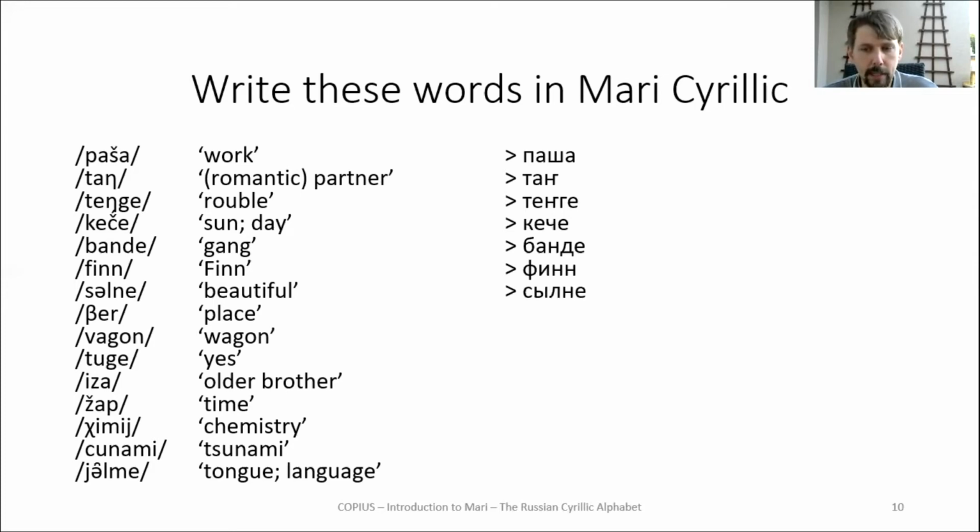Where, place. Wagon, wagon. Tuge, yes. Isa, older brother. Jap, time. Chemie, chemistry. Tsunami, tsunami. Yilme, tongue or language.